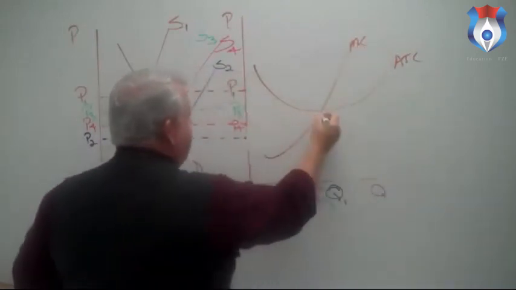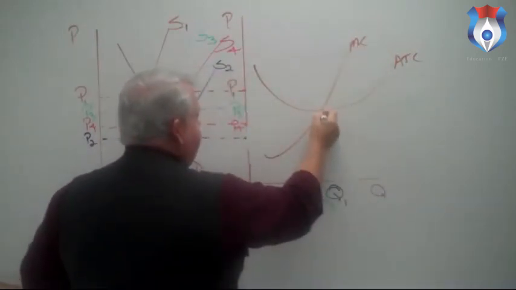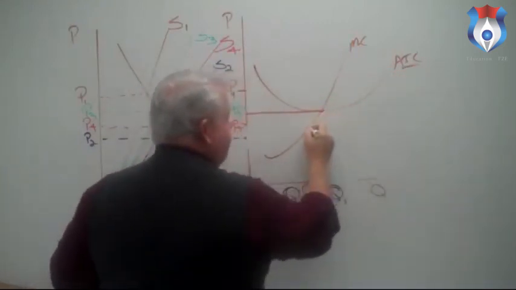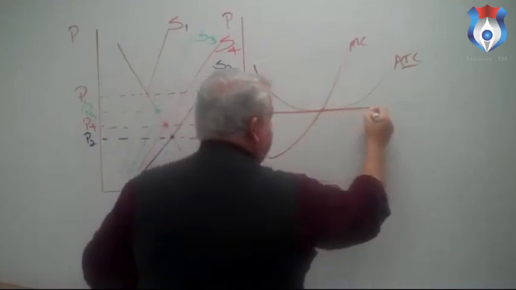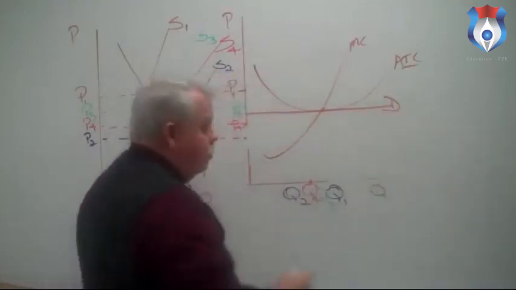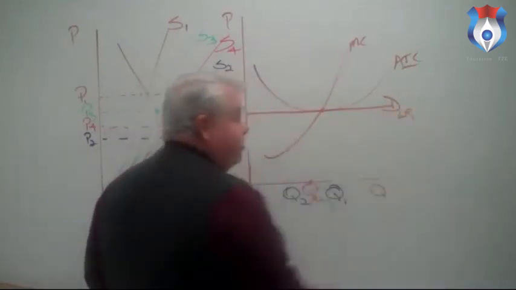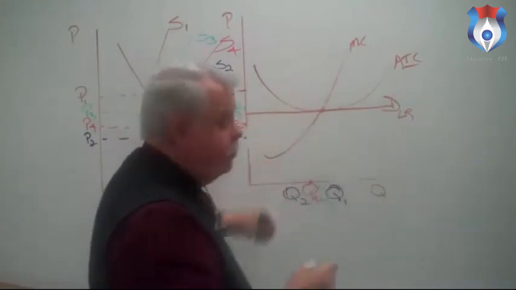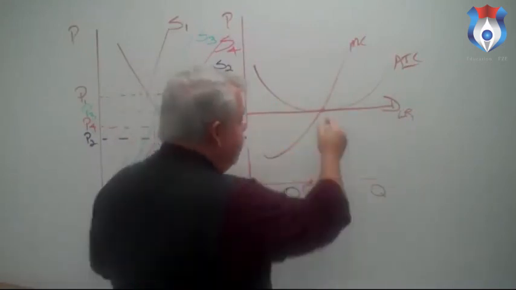Eventually, in the long run, this point right here, the lowest point on the average total cost curve, where the marginal cost curve goes through it, the demand curve, we say long run, is going to become tangent to the average total cost curve. Tangent, just touching, right here.